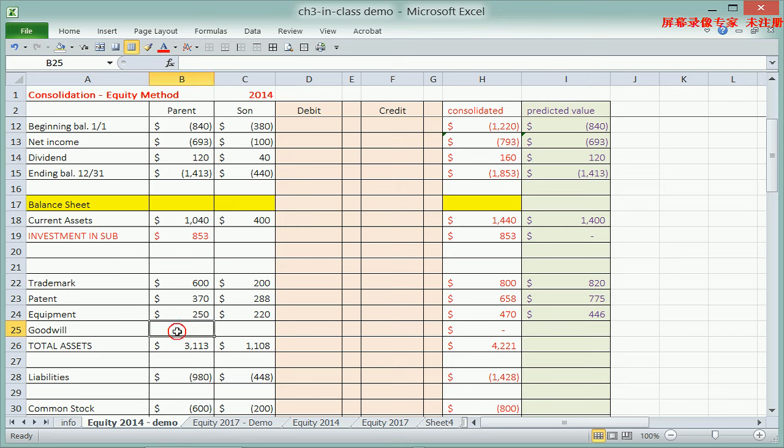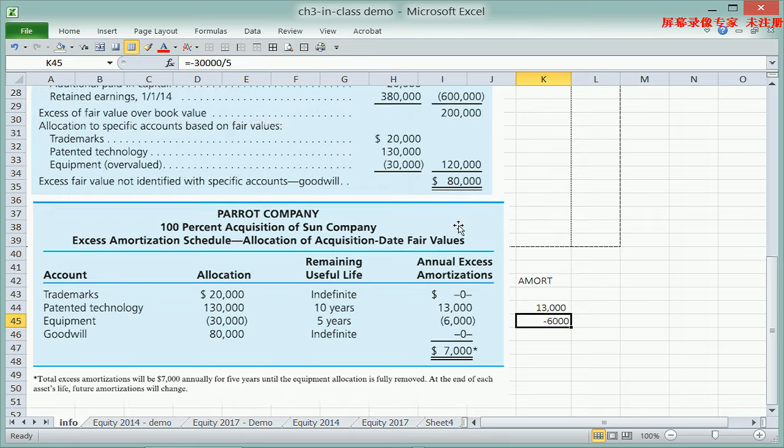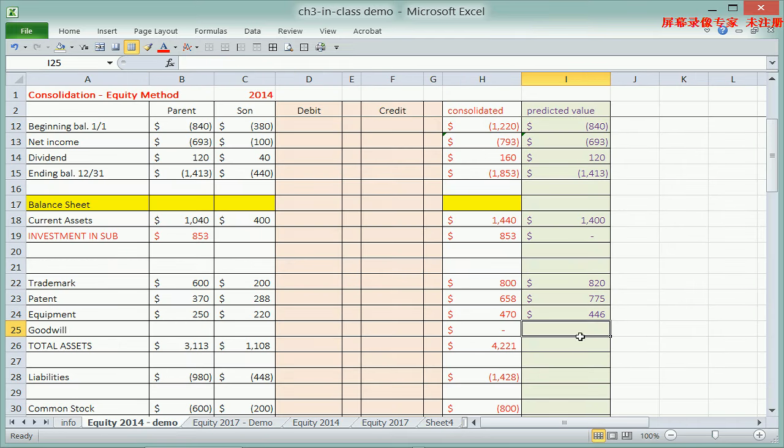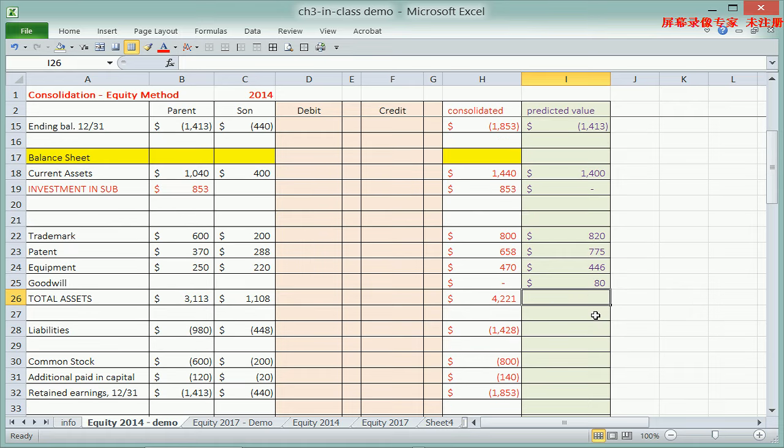Goodwill. Now you can see that goodwill doesn't exist on either company's books, but we need to show the goodwill on the consolidated financial statement. If you remember, the goodwill is 80,000, so it's just 80. Okay. Total assets are added up from the above. So it's from here.